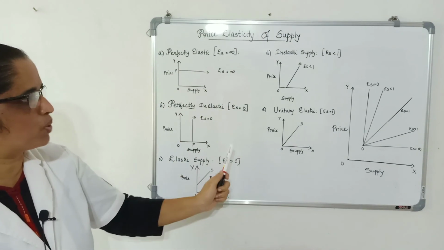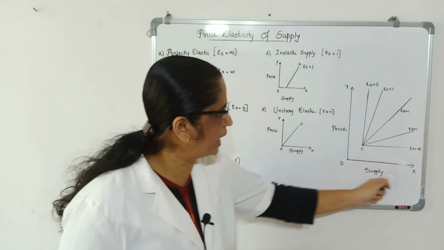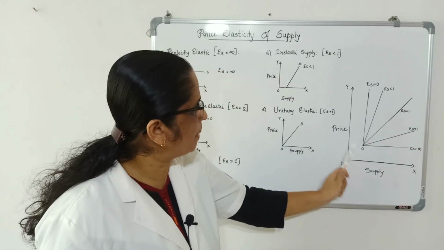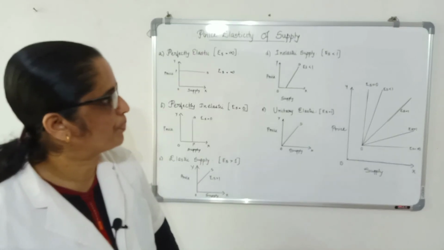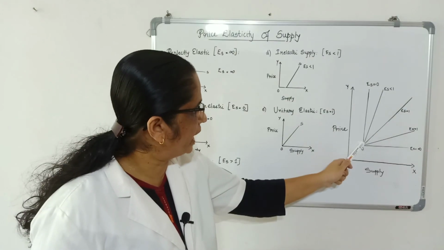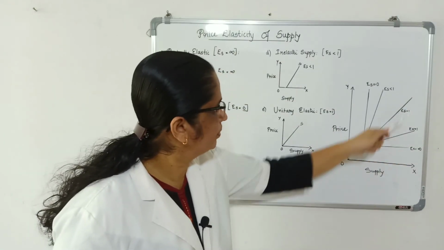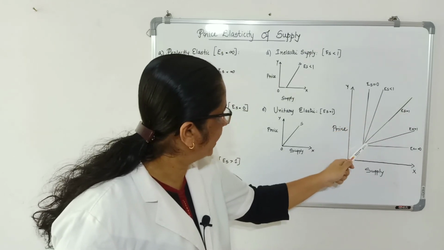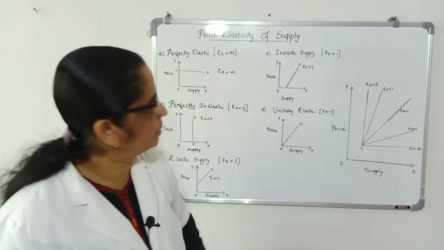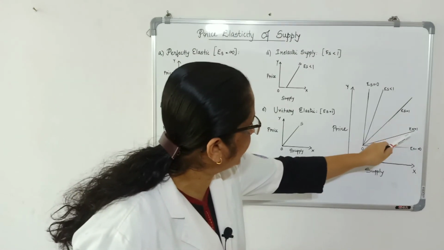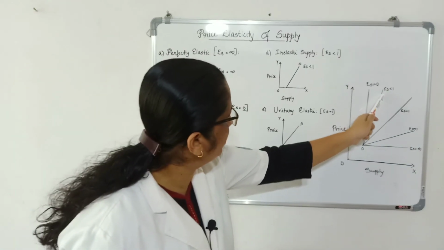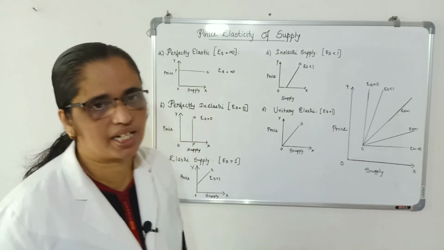All these 5 types, you can show under a single diagram like this: OX axis supply, OY axis price. Vertical, horizontal, upward sloping supply curve extending towards the origin, greater than 1 extending towards the y-axis, less than 1 extending towards the x-axis.